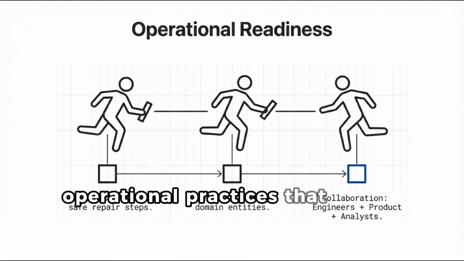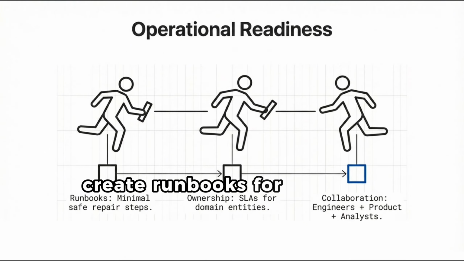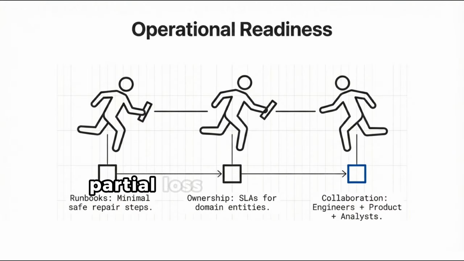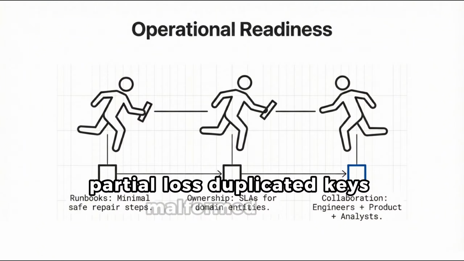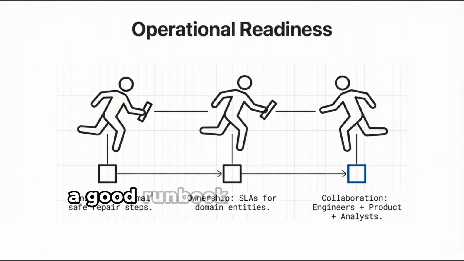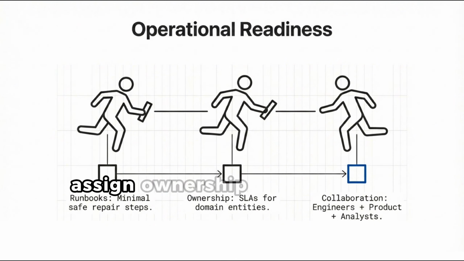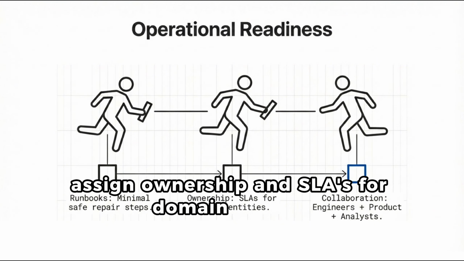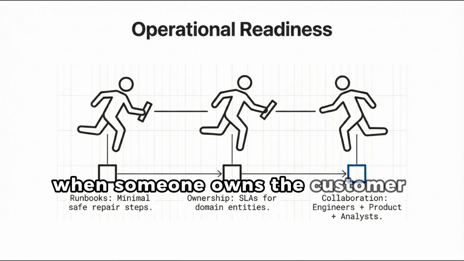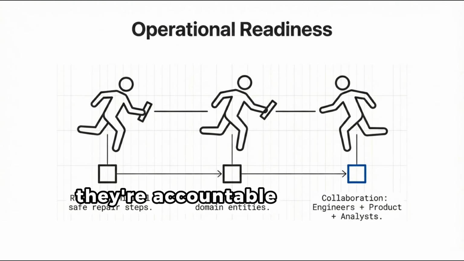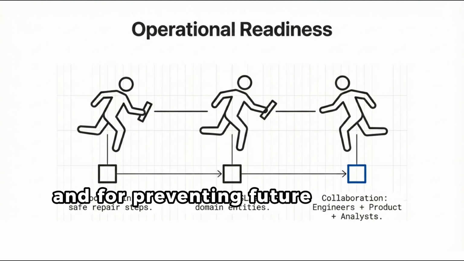Operational practices that matter. Create runbooks for common structural failures, partial loss, duplicated keys, malformed types. A good runbook lists who to call, which artifacts to collect, and the minimally safe repair steps. Assign ownership and SLAs for domain entities. When someone owns the customer or order domain, they're accountable for repairs and for preventing future incidents.